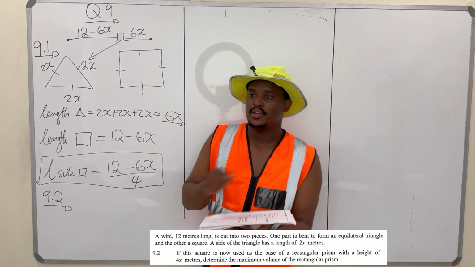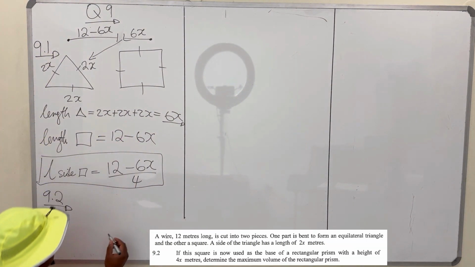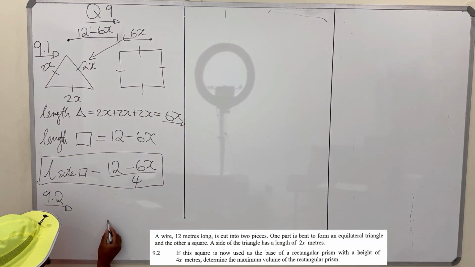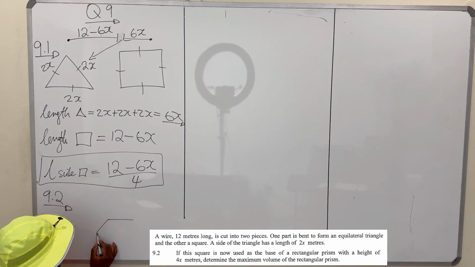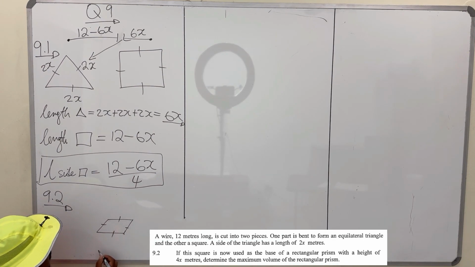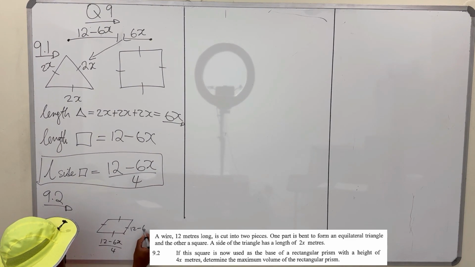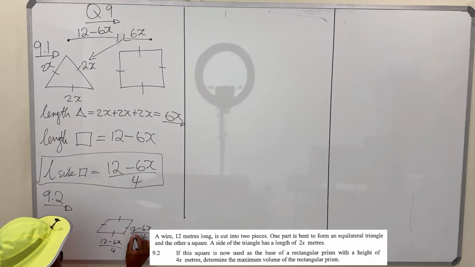I will try to draw it, but I'm not good at drawing. So let's think of all these sides as equal. This is the base of a rectangular prism. The length of this side is 12 minus 6x all over 4, and this side is also 12 minus 6x all over 4.